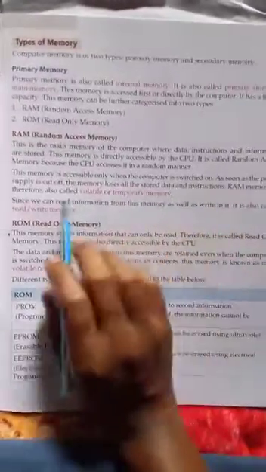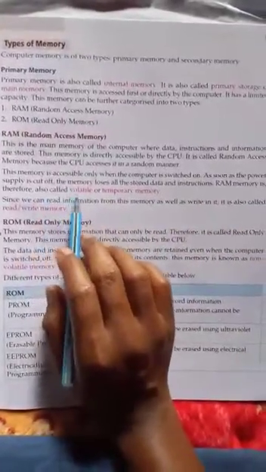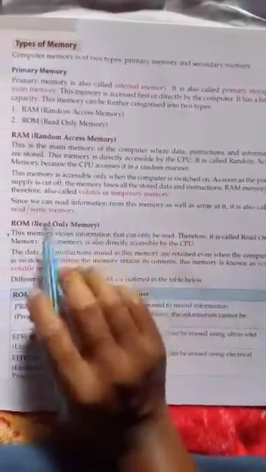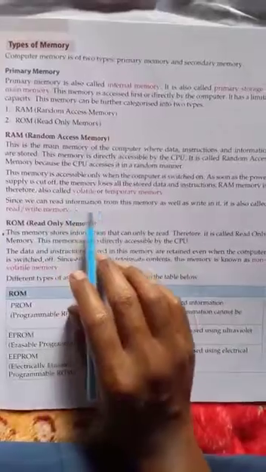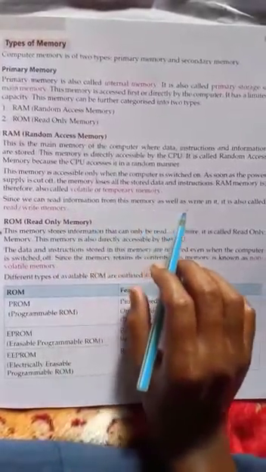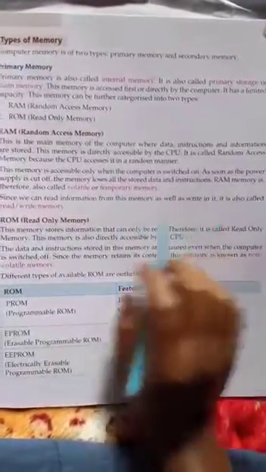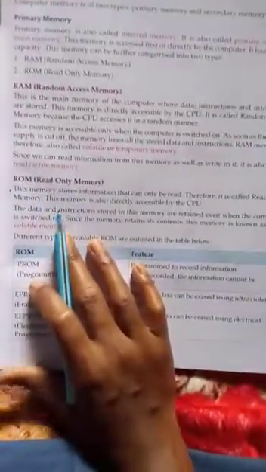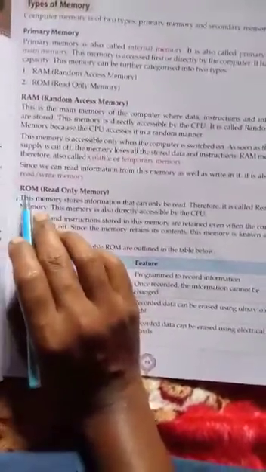So RAM memory is therefore also called volatile or temporary memory. Since we can read information from this memory as well as write in it, it is also called read and write memory.